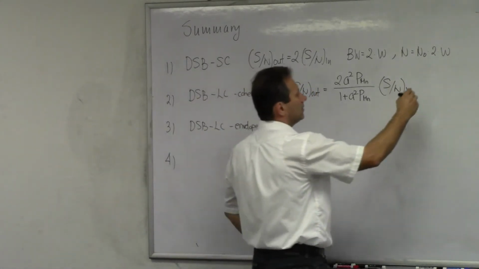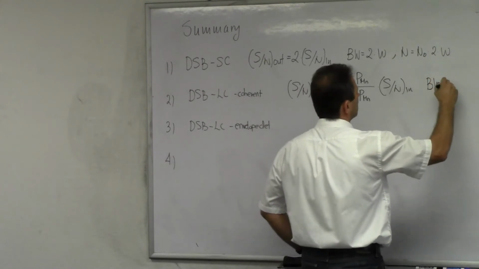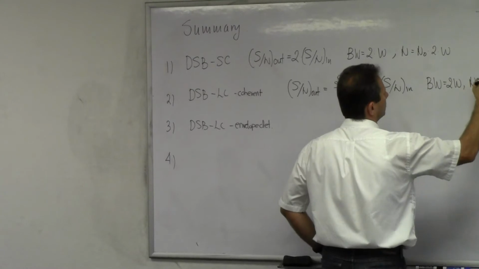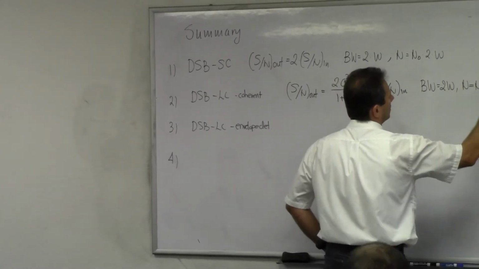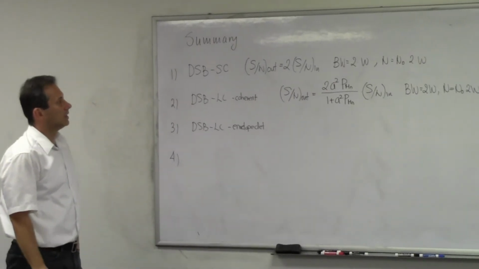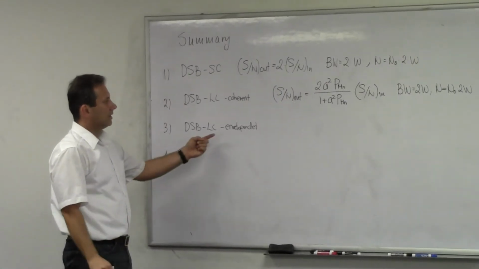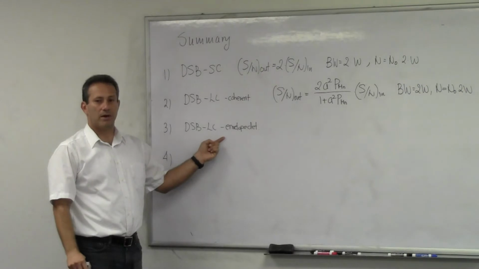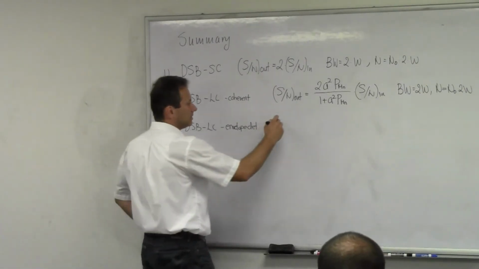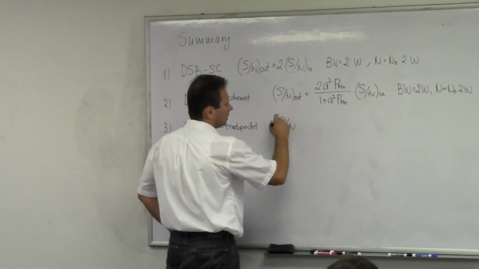And here the bandwidth was the same as upstairs, 2W, and noise in the output was N0 times 2W, where N0 is the power spectral density of the noise at the input. We did analysis of what happens when you have an envelope detector, and what we found out surprisingly is that you get the same relationship here.